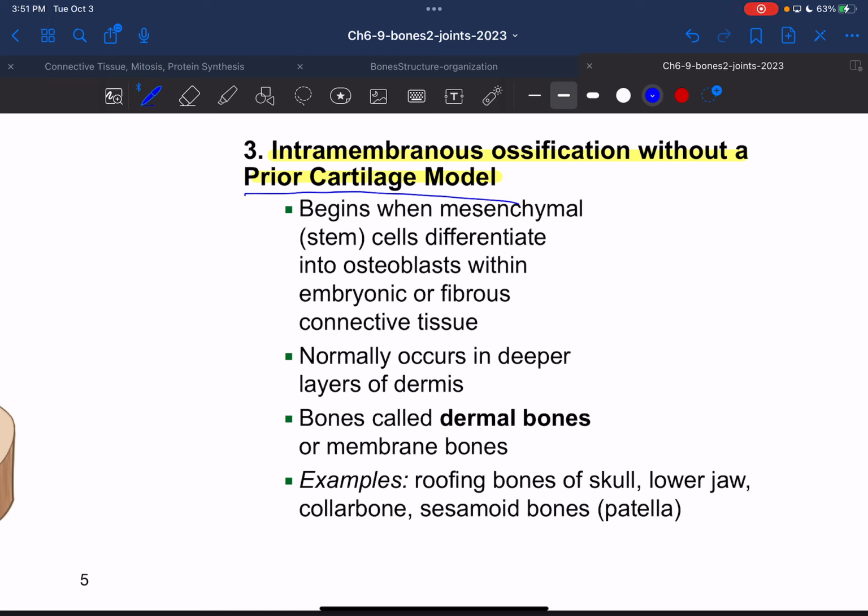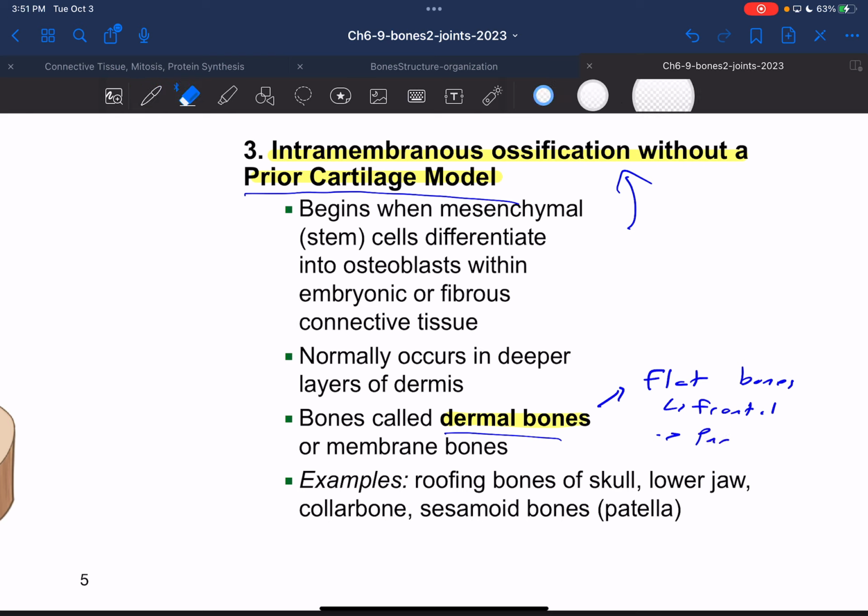We call bones that are made by this method dermal bones. And an example of this would be flat bones like frontal, parietal, skull bones, etc., right? Skull, cranial bones.